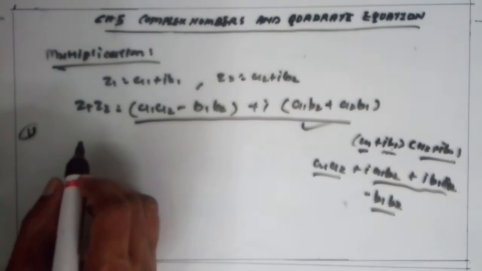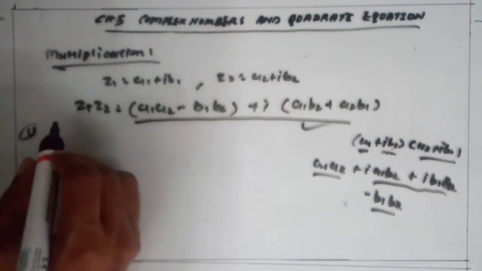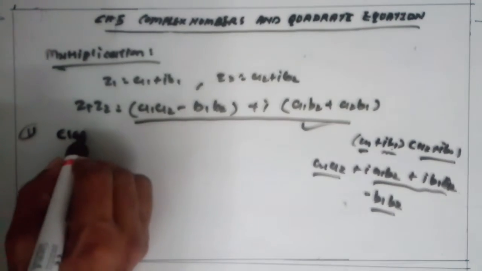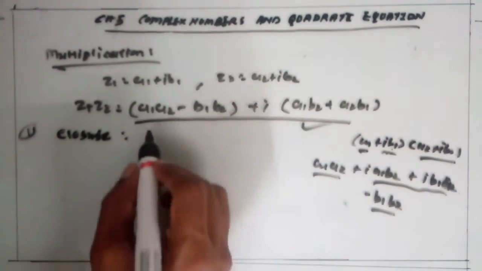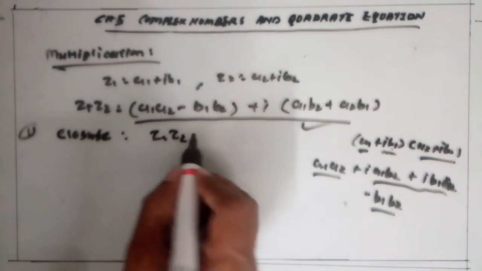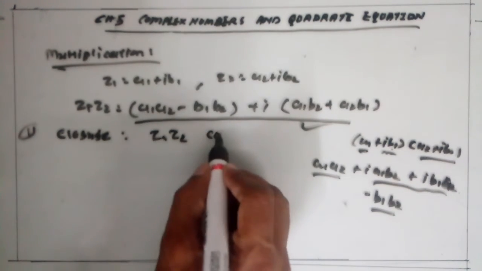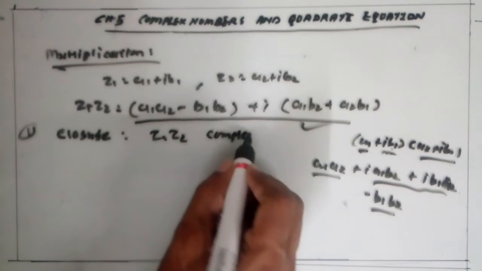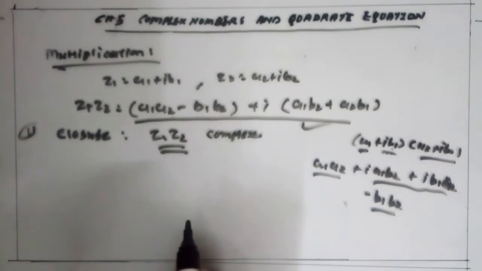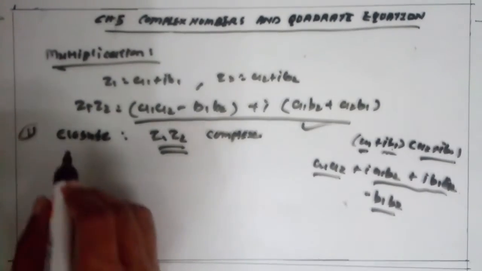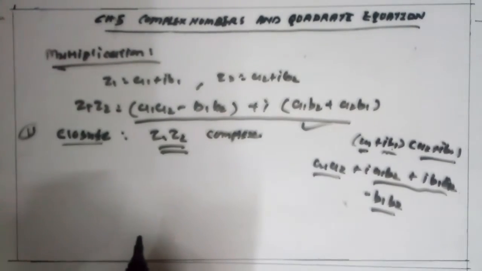Properties of multiplication. Closure property. Multiplication of two complex numbers is also a complex number. Remember this. Clear? That is, complex numbers are closed under multiplication.